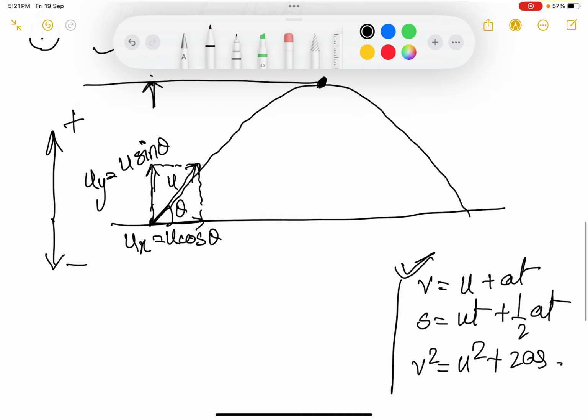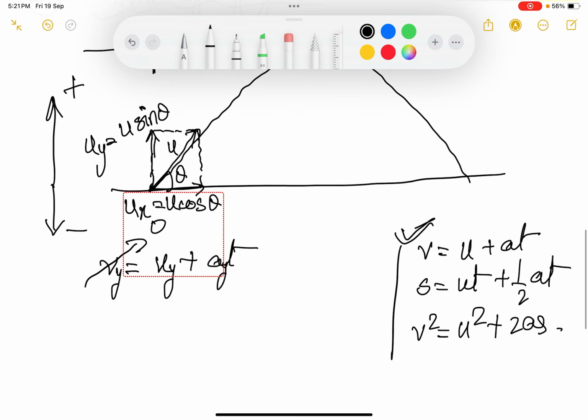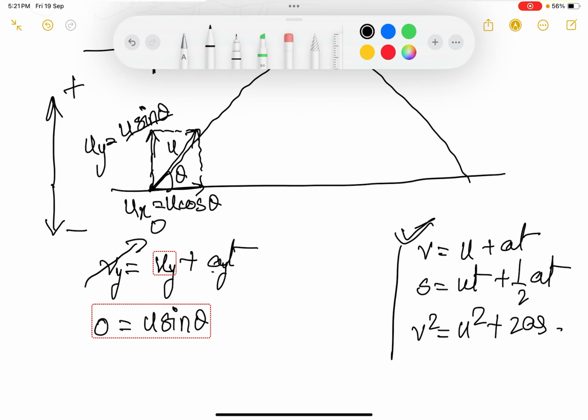See, we know that v is equal to u plus at. This can be converted as vy is equal to uy plus ay t. We know that at the topmost position the final velocity will become 0. The initial velocity is uy, that is u sin theta, and ay will be minus g.